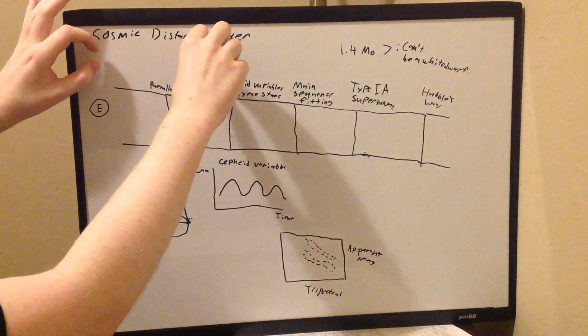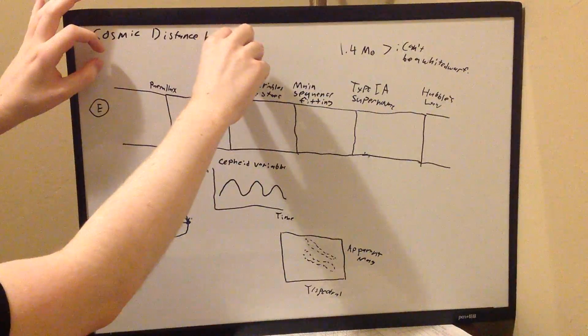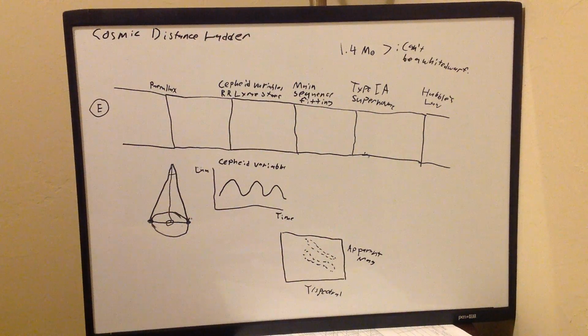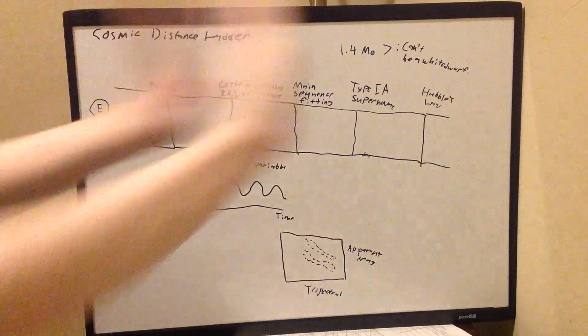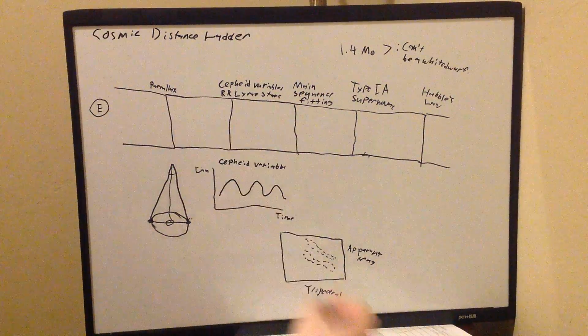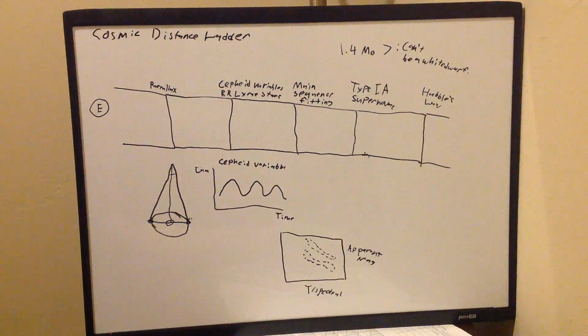So Hubble realized that he was looking at distant galaxies, and he saw them redshifting. If you recall, the Doppler effect causes a redshift in light when the thing that is emitting the light is moving away from us, if it has velocity away from us. And Hubble noticed a redshift in distant galaxies, and he noticed that the further away galaxies were, the more redshifted they were.